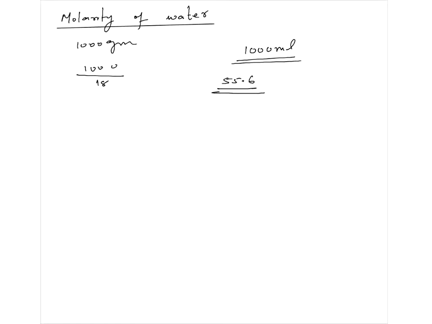And molarity is mole per liter. Moles are 1000 by 18 and liter is 1. Whole divided by 1. So the answer will be just 1000 by 18 and it comes out to be 55.6 nearly if you divide 1000 by 18. .56 to be a little more accurate. 55.56.